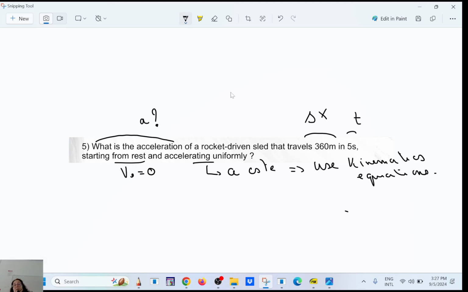Okay, so look at your equation. I don't know how to draw a rocket. So it's going to move faster.